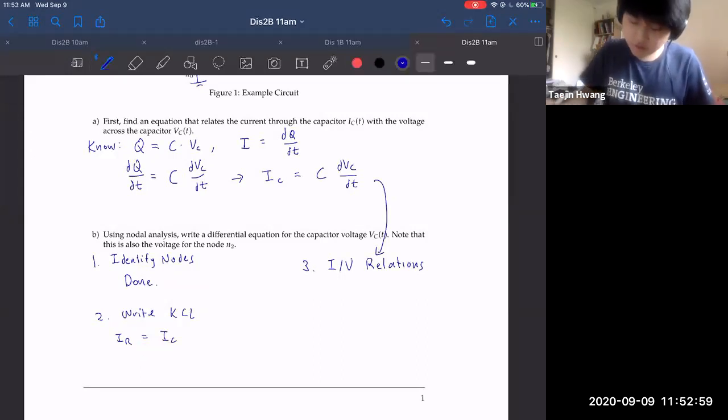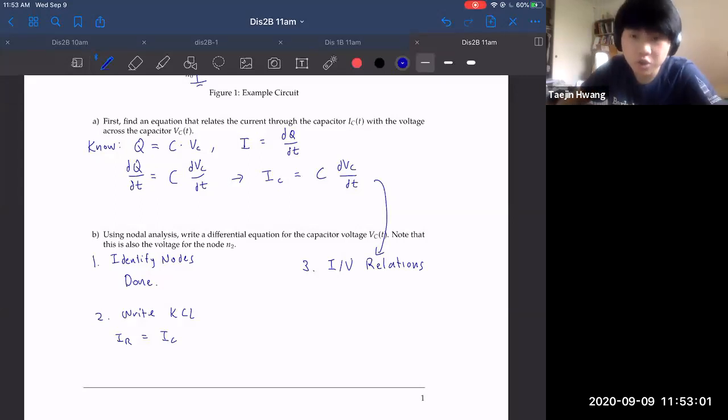And lastly, we need to use our IV relations. In 16A, these were all Ohm's law equations, but now we're going to see that this capacitor equation over here is really important. So this is going to be another IV relation you're going to use a lot.